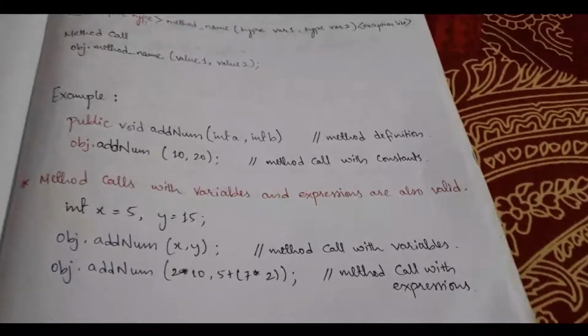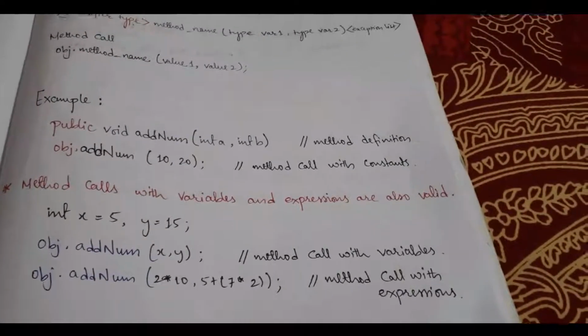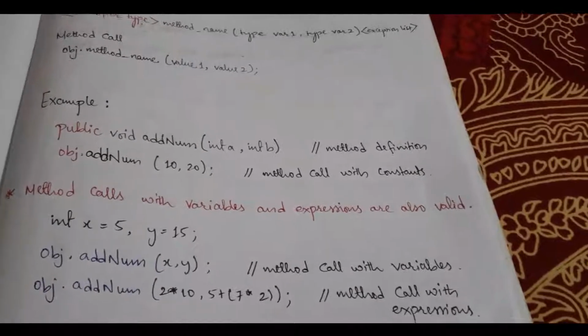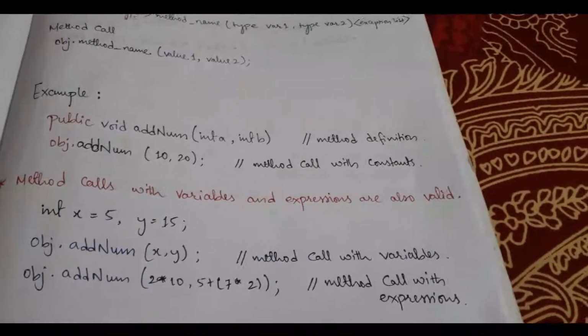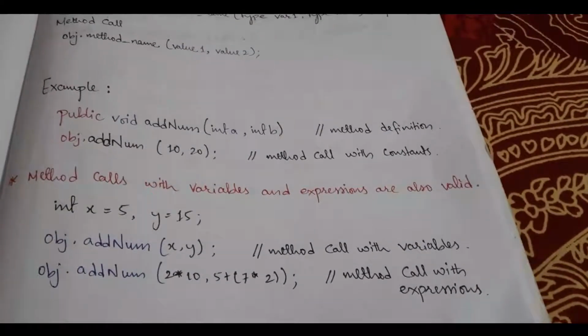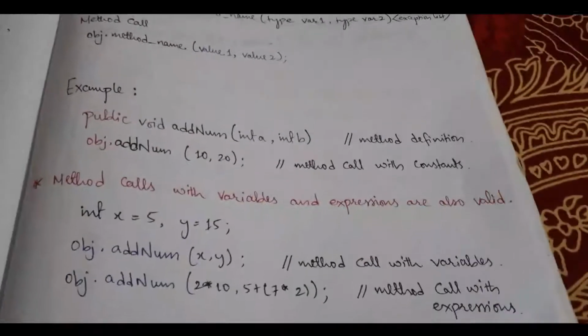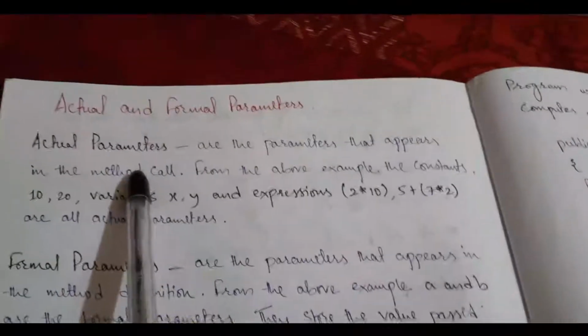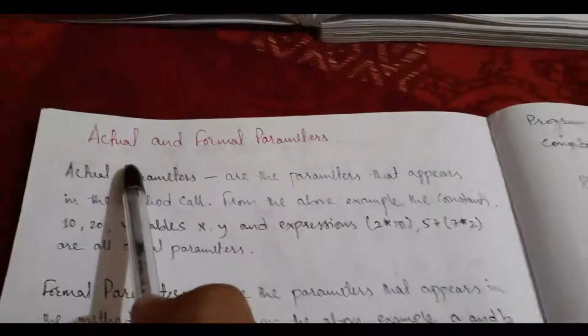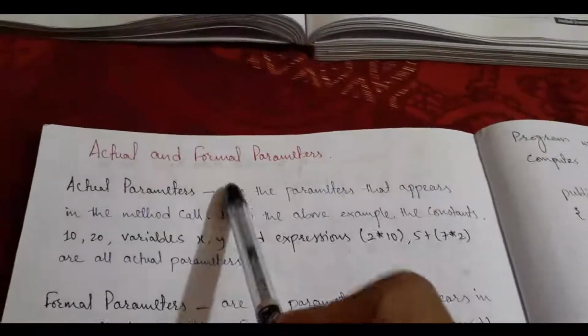So this is how we can include three different types of parameters. It should be a primitive data type, but we can include all three different forms in the call by value portion. Now let us move to another portion which is very important in this topic, called actual and formal parameters.